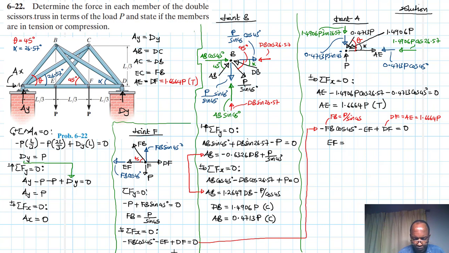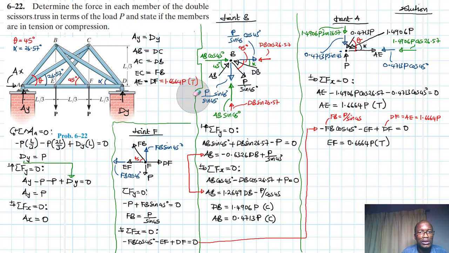Our EF therefore is going to be equal to P divided by sine 45 times cos 45, which is just P, so that is just negative 1 plus 1.6664. Right, so it gives us EF is equal to 0.6664p, and it is in tension.